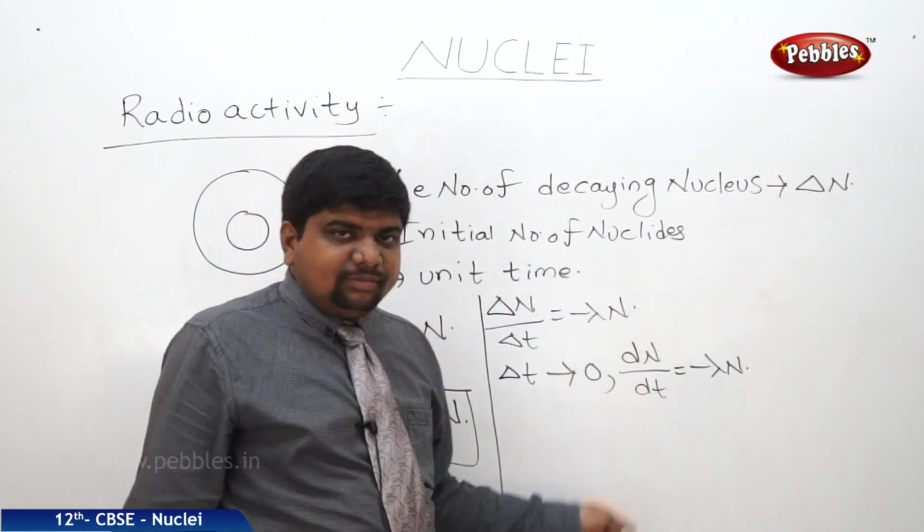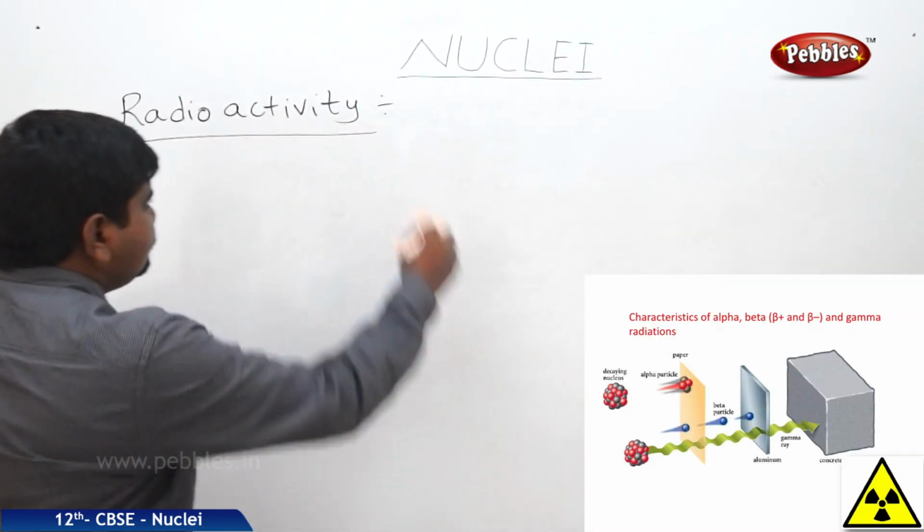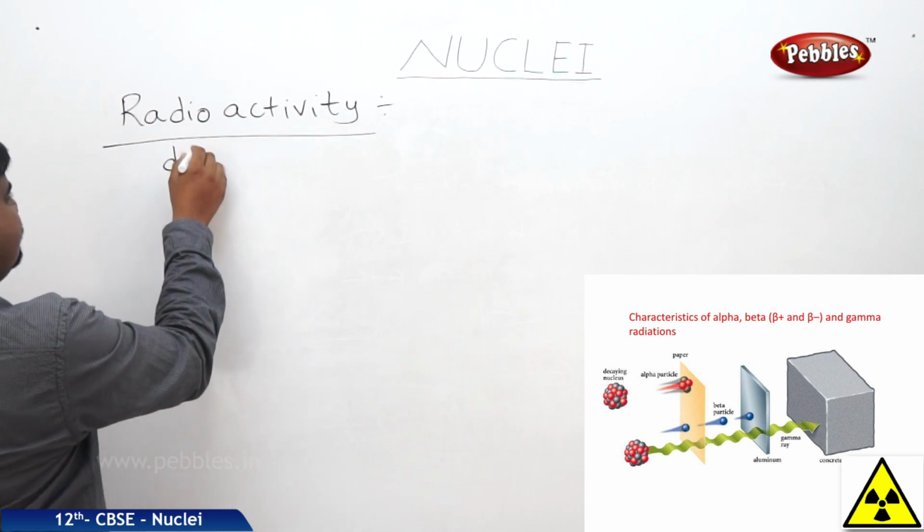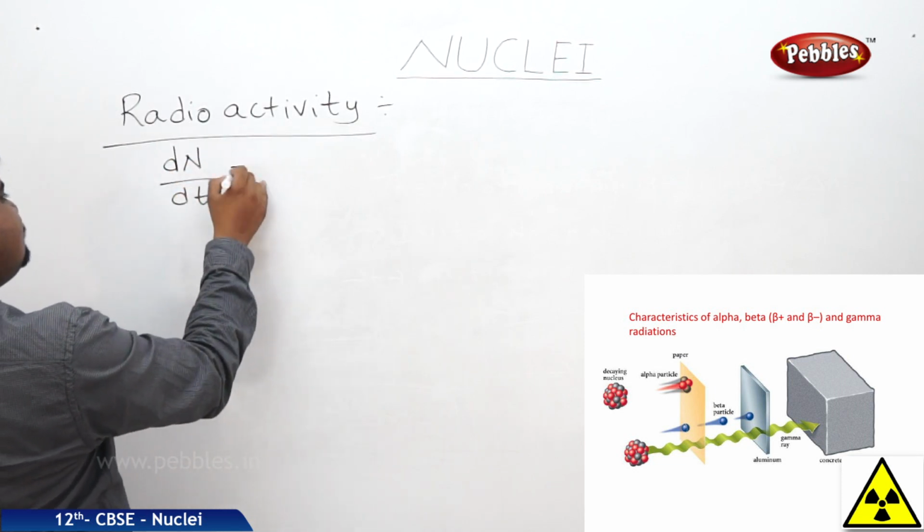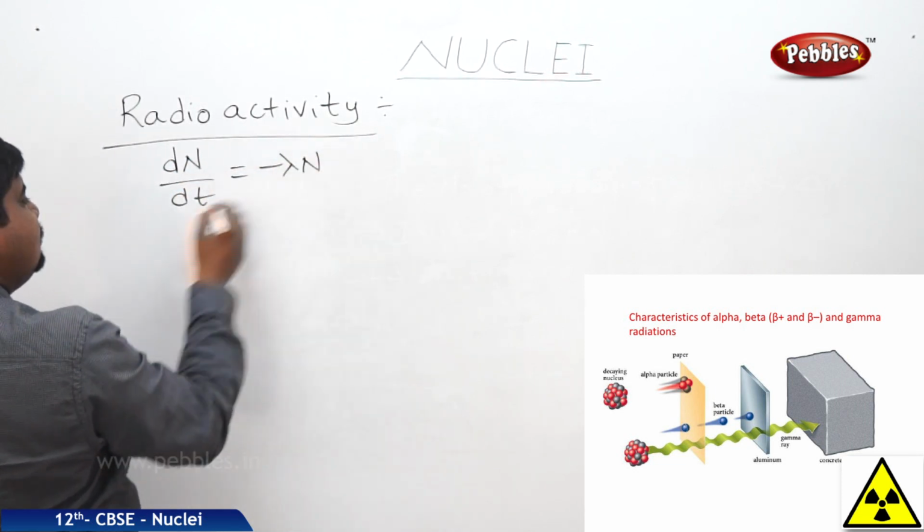So the solution will be like this. dN by dt is equal to minus lambda N.